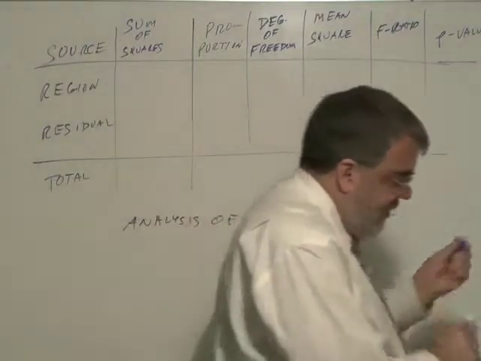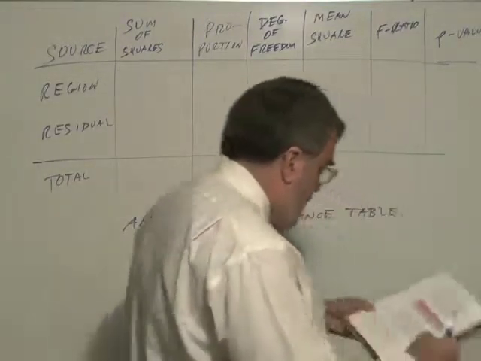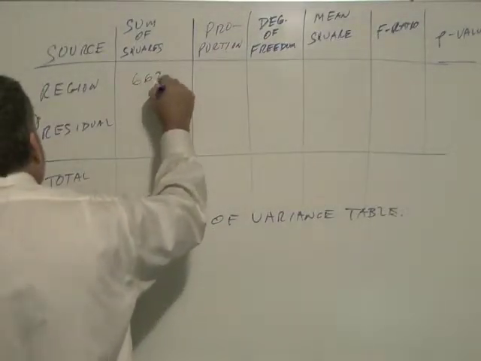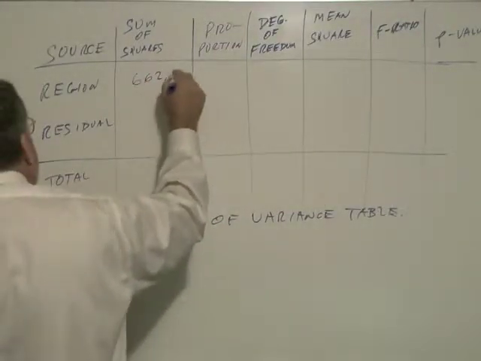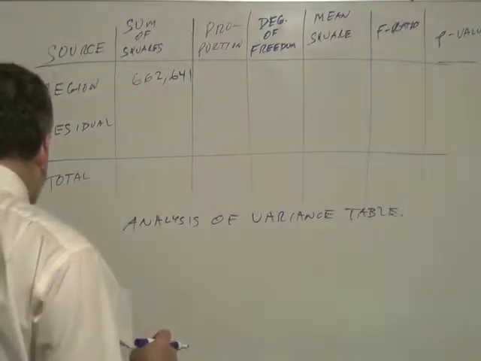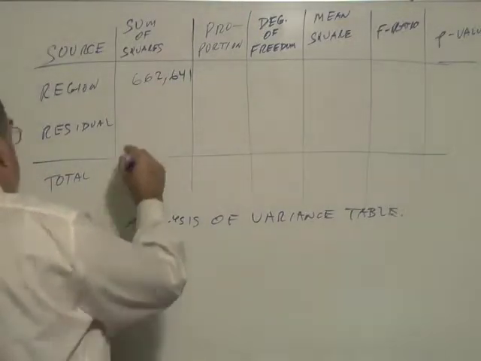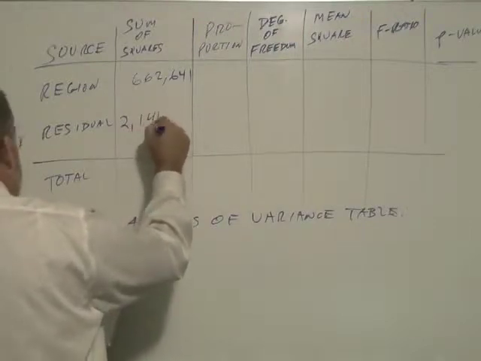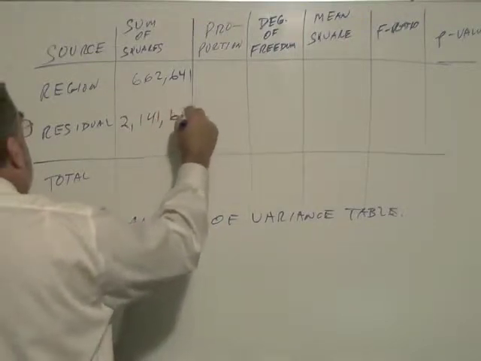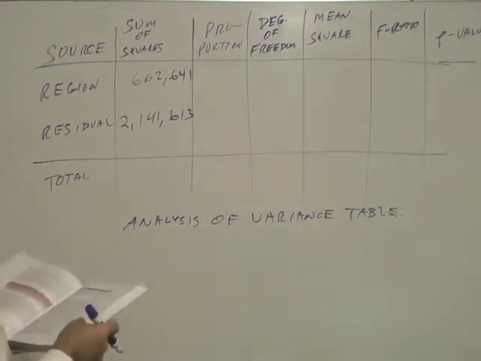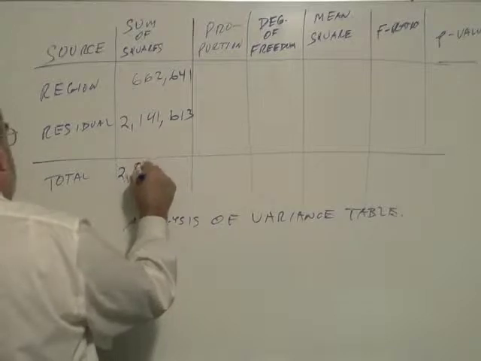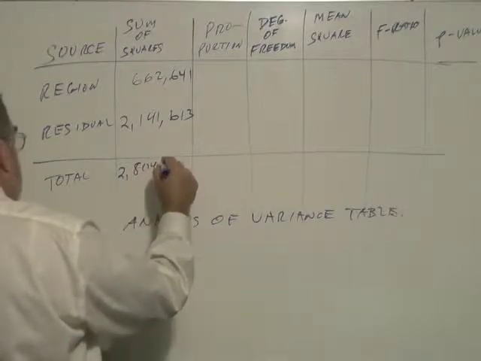The sum of squares, the author tells us, is a big number, 662,641. And then the residual sum of squares is 2,141,613. And if you add those together, you'll get the total sum of squares, which is 2,804,254.